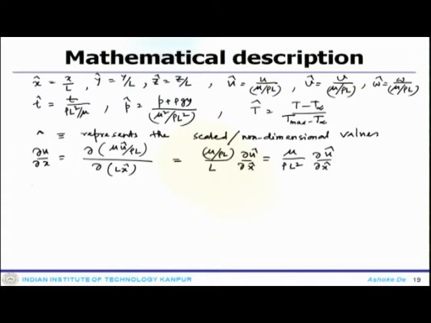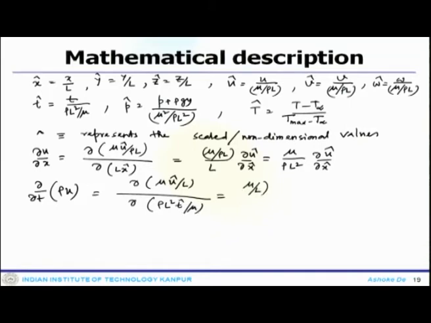Similarly, I can do the del by del t of rho u. So, del by del t of rho u would be del of mu u hat over L divided by del of rho L square t hat by mu, which is mu by L divided by rho L square by mu.